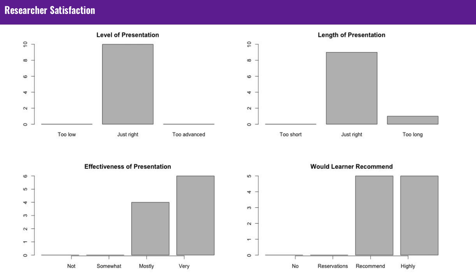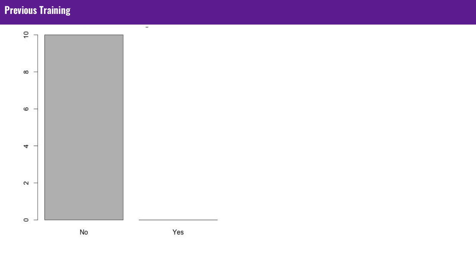In terms of the researcher satisfaction with the material presented to them by our pilot participants, overall a high level of satisfaction. The level, the length, the effectiveness, and the recommendation all were very good. One thing we asked was if the people who attended these trainings had any previous training in research data management. Out of the 10, none of them had.